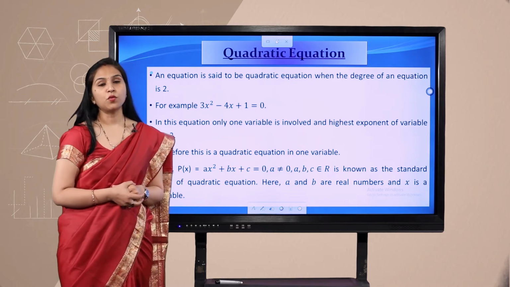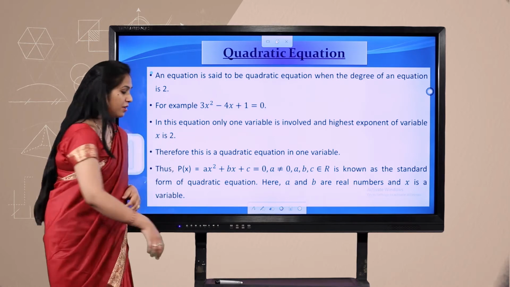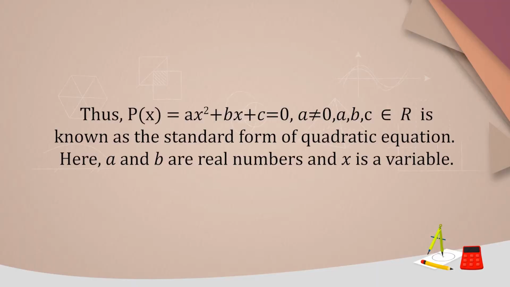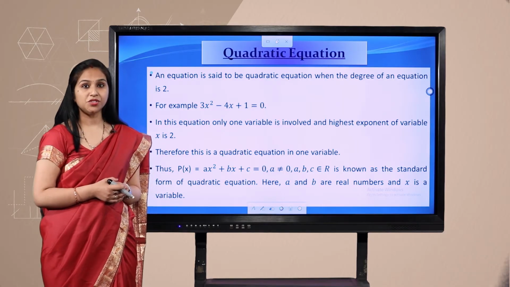The standard form of a quadratic equation is written as, say p of x is any quadratic equation, then p of x is equal to ax square plus bx plus c is equal to 0, which is known as the standard form of a quadratic equation.